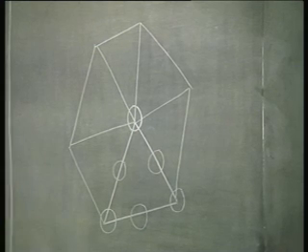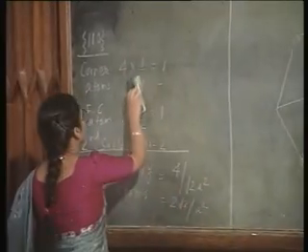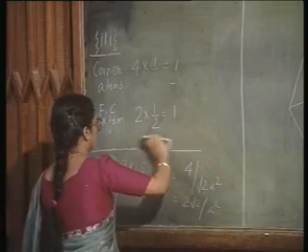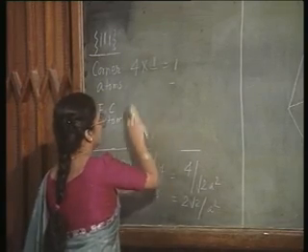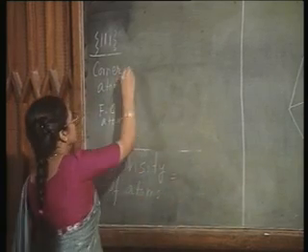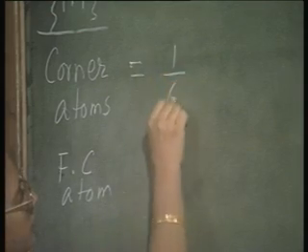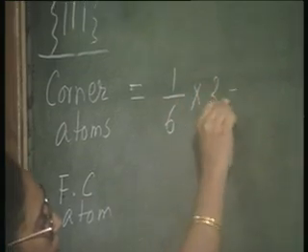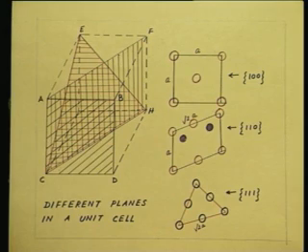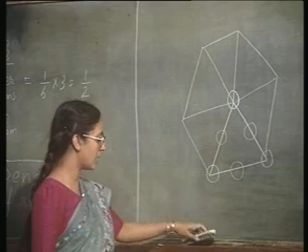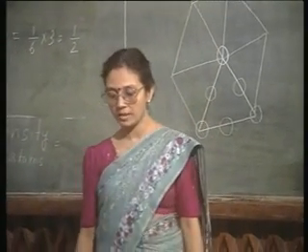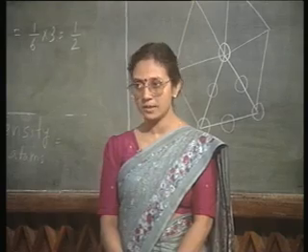Therefore, the contribution to one particular plane, there are 3 such corner atoms, each is shared by 6 planes. Therefore, the total contribution of these corner atoms is 3 into 1 by 6, that is half.